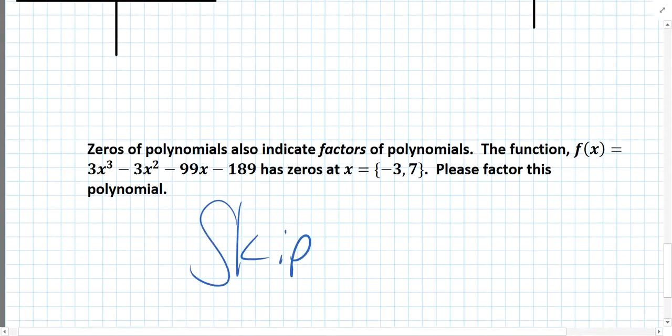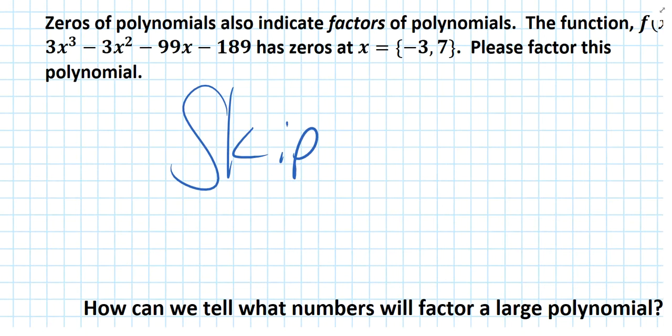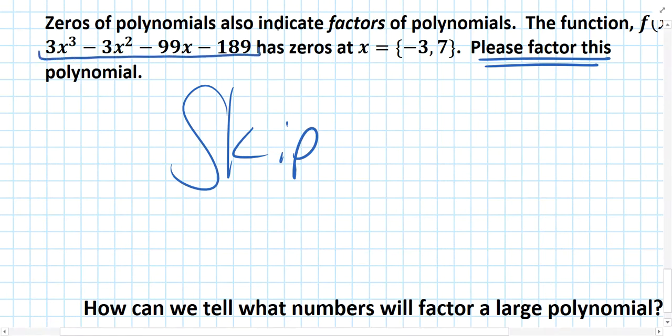So by the end of the video, we were faced with this question, and I told you to skip it for now and maybe research it on your own, but essentially we were reminded that zeros of polynomials also indicate factors of polynomials, and I wanted to see if you were able to factor this, especially if we know where at least 2 of the zeros exist.